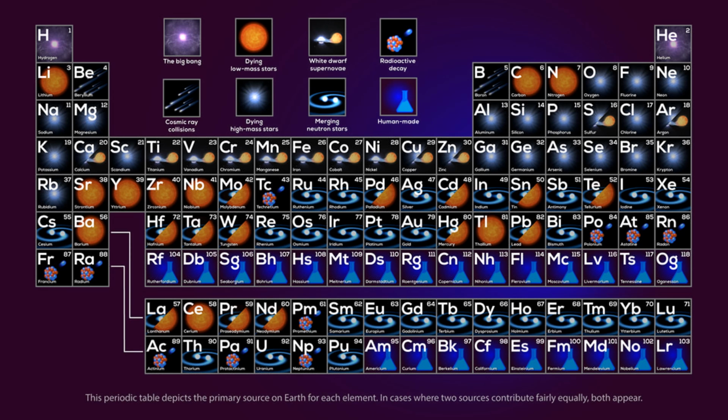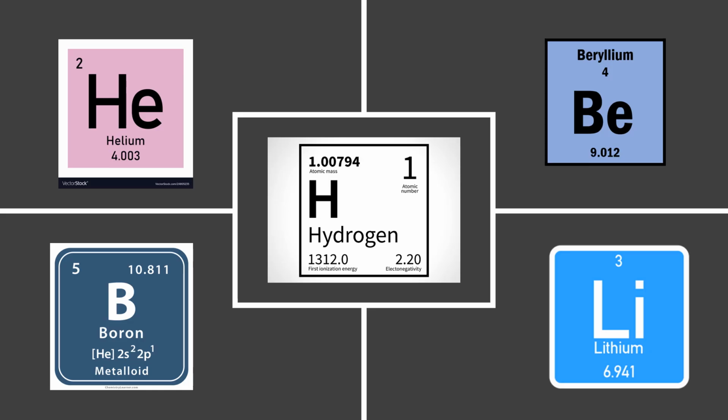Let us start by looking at the periodic table, and let's do a simple division of the table into 4 broad groups of elements based on the stars. The first group of elements would be the first 5: hydrogen, helium, lithium, beryllium and boron. These are the elements that came to us from the Big Bang.